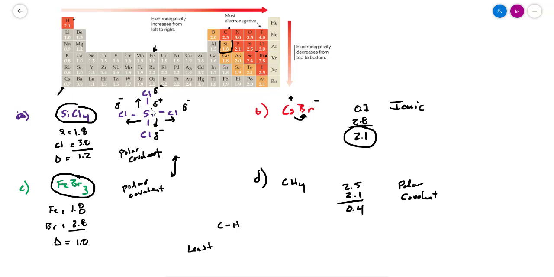And then we would have the FeBr bond. That's a little bit more polar. Then we'd have this silicon chloride bond, and then we would have the cesium bromide totally ionic bond out here. That's how we would rank these in terms of polarity.